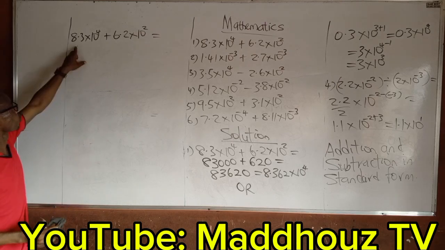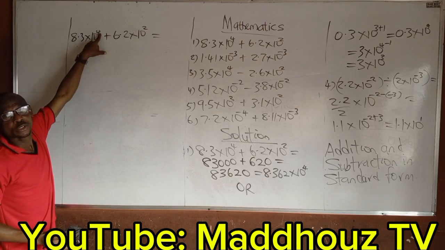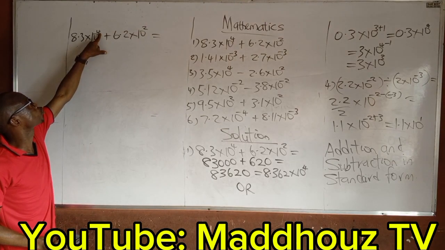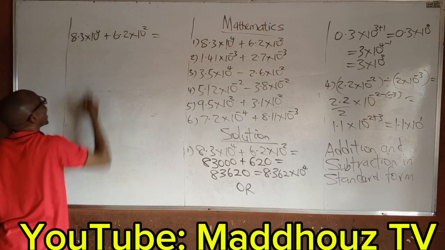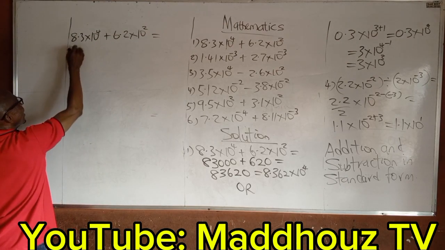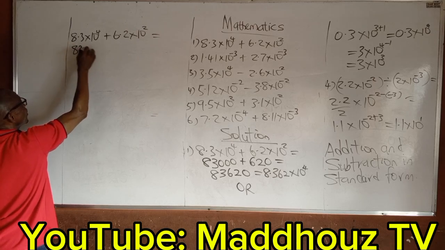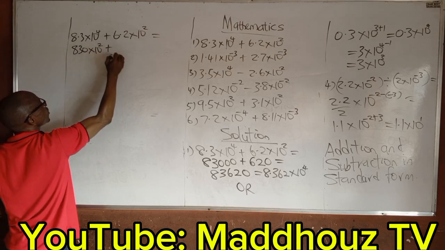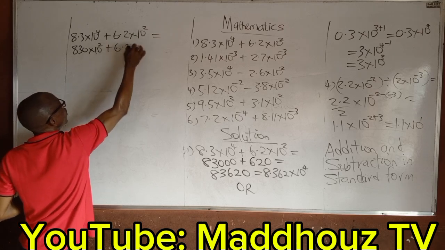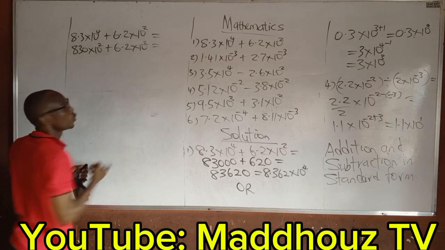Now, if we want to reduce this value so that the power here becomes 2, we move this decimal 2 times. So we now have 830 times 10 raised to power 2 plus 6.2 times 10 raised to power 2.